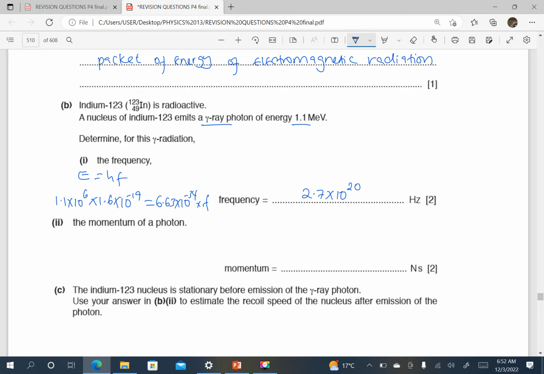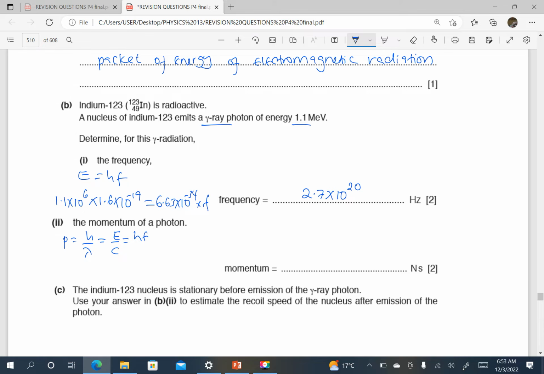Then the momentum. We know that momentum is equal to h over lambda, or it is energy over c. This is the same as E over speed of light. I think that would be even easier. And of course, E is hf. Because I'm avoiding calculating the wavelength again, E is hf.